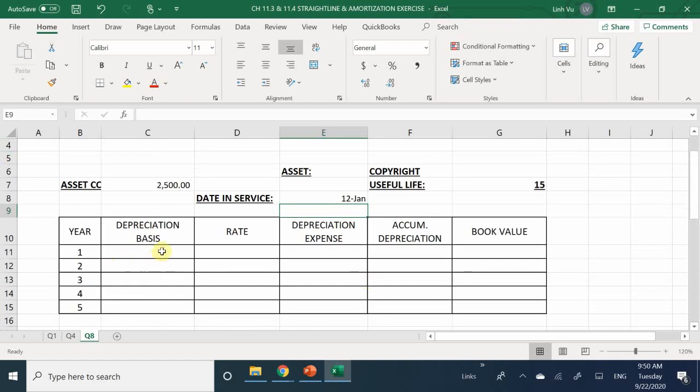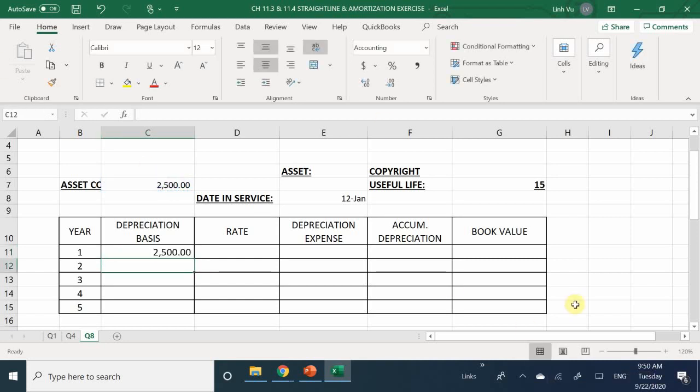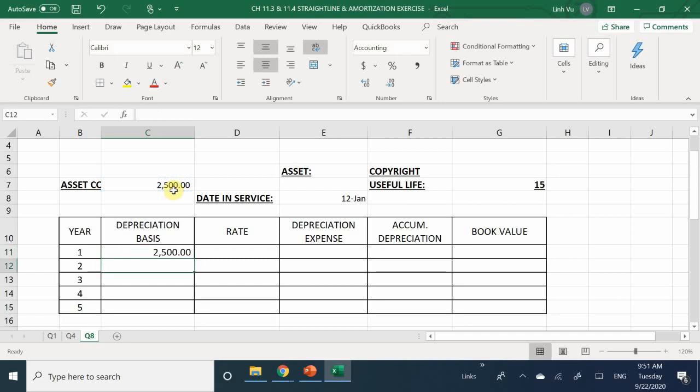Good. So again, what is my depreciation basis going to look like? 2,500. Good. It's going to be the cost of your asset. Let me, I think I had to do an absolute cell reference. There you go.